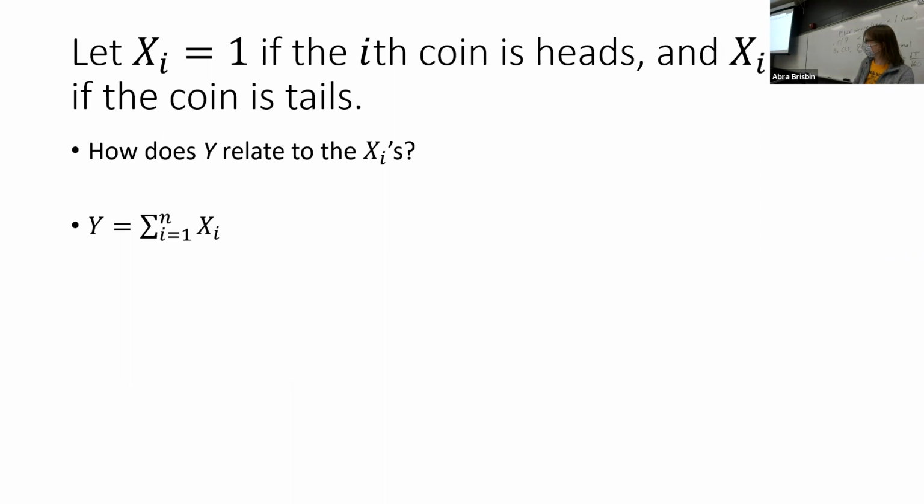So that means we could divide both sides of that equation by n, and we get y over n is equal to 1 over n times the sum of the x sub i's, which is otherwise known as x bar, the mean of the x's.